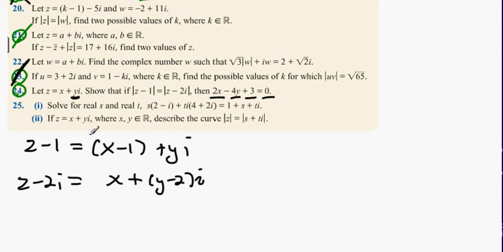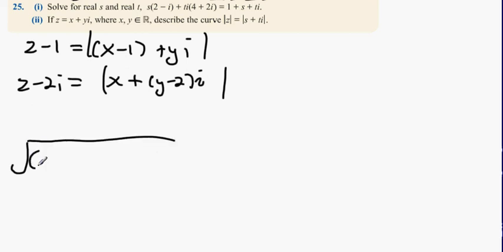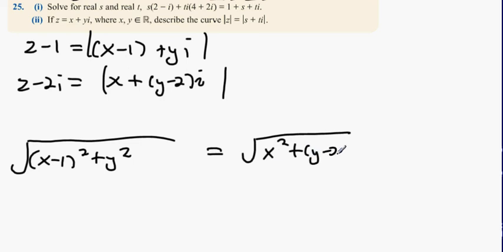Now I have to show that both moduluses are the same, so the modulus of this one and the modulus of this one are equal to each other. So it's going to be the square root of (x minus 1) squared plus y squared equals the square root of x squared plus (y minus 2) squared.